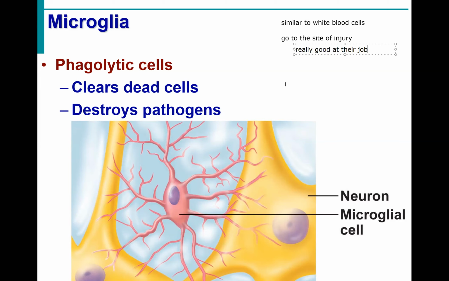Because when there is a traumatic brain injury, these microglial cells will go to that area and they will destroy all of the dead neurons. But they're not very discriminating. If there's an injured neuron, they'll destroy that too.